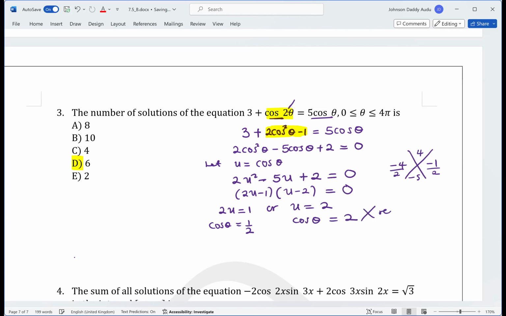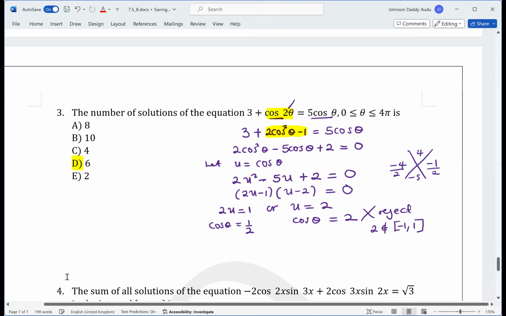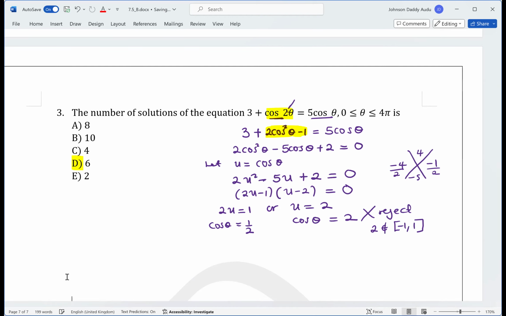This definitely should be a reject. Now, we know that 2 is not in the range of cosine, which is from -1 to 1. So we have only one aspect to consider, we need to consider this one only.